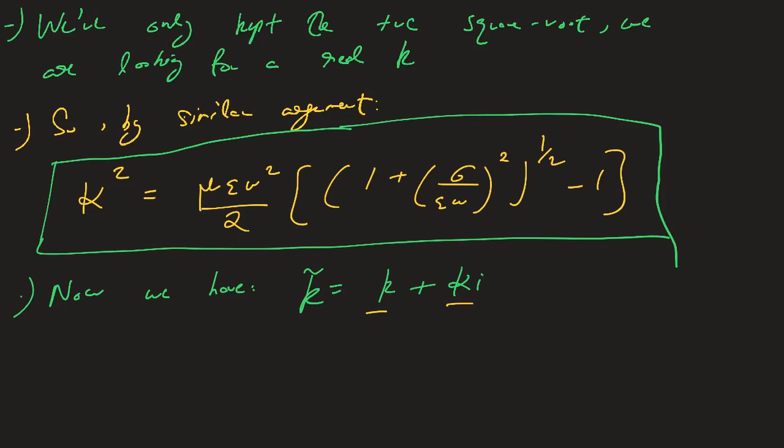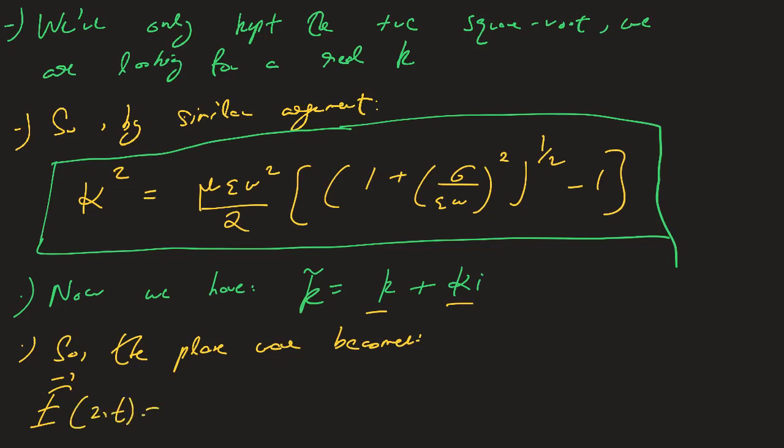Okay? So the plane wave becomes that the wave E of z, t becomes equal to E tilde. We were just saying the amplitude might also be complex, it might have some phase.